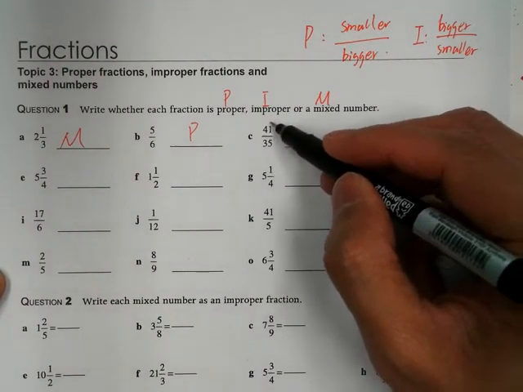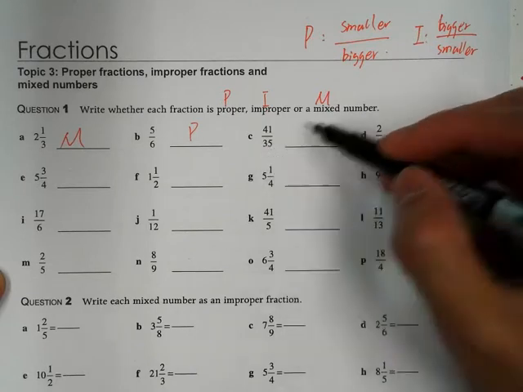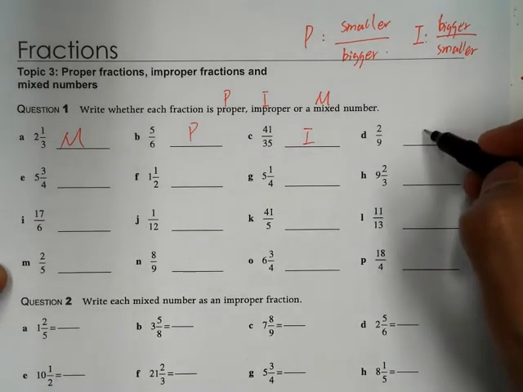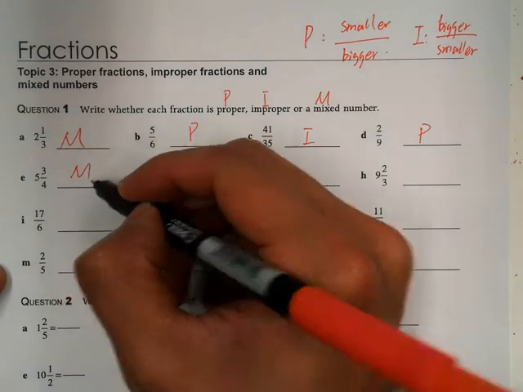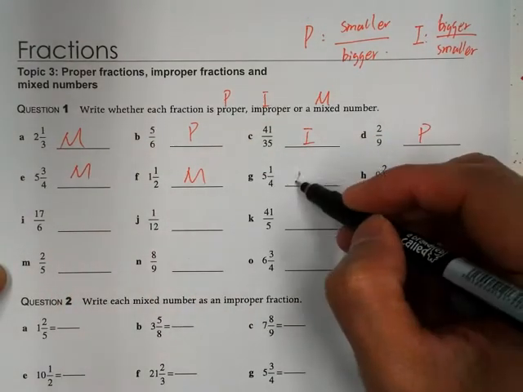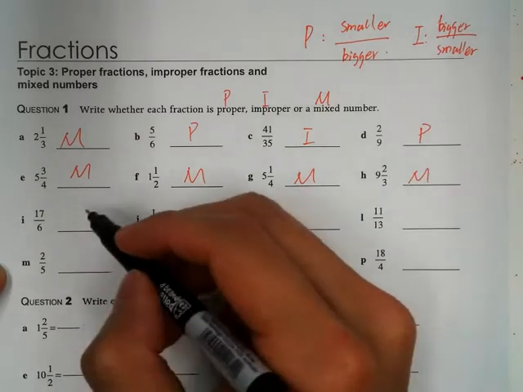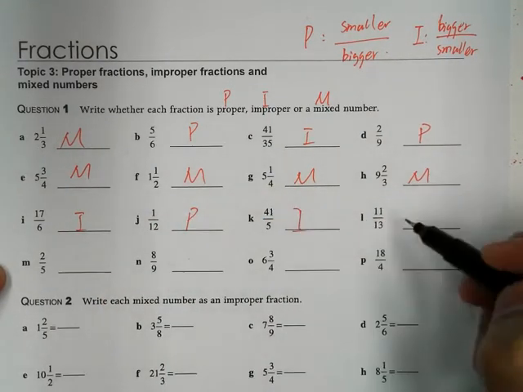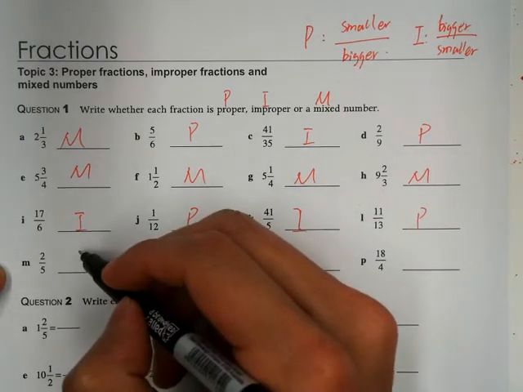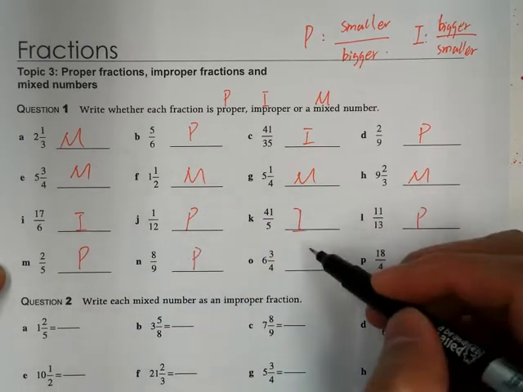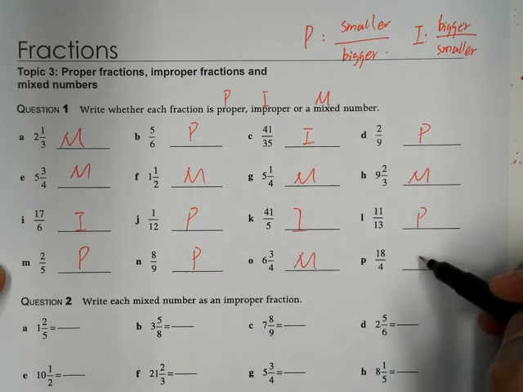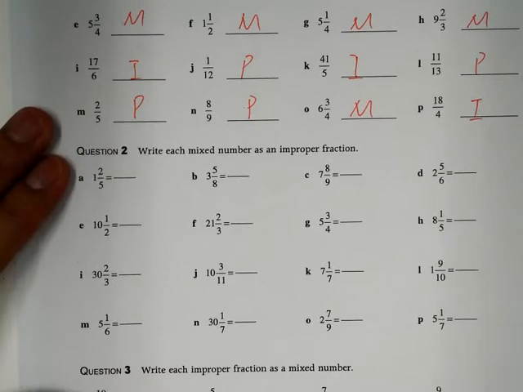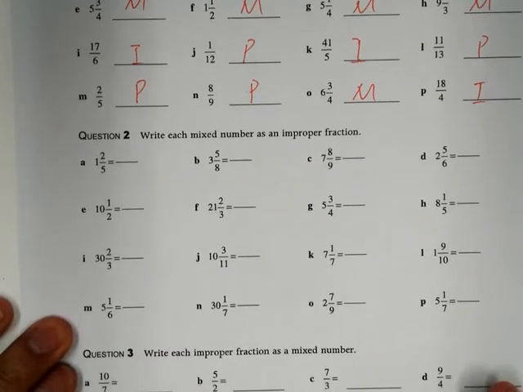We can see 41 is greater than 35, so that is improper. Alright, this is proper fraction, mixed number, mixed number, mixed number, mixed number, improper, proper fraction, improper, proper fraction, proper fraction, proper fraction, mixed number, and improper. So this is the first question.